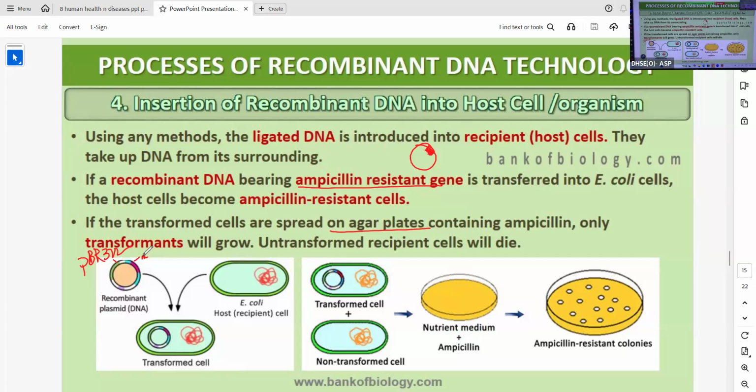Okay. So those that survive are known as transformants, and those that do not are referred to as non-transformants. Clear?